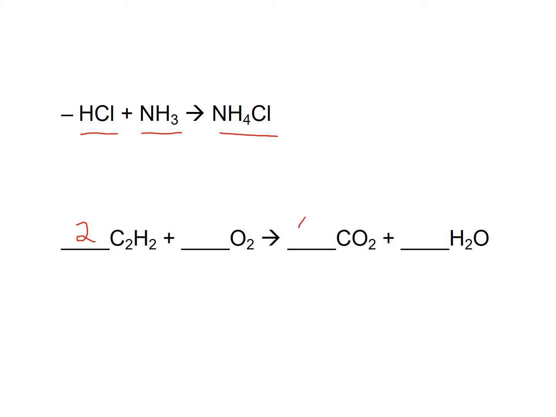Now I want 4 CO2, because now there are 4 carbons on this side. I see that there are 4 hydrogens, so I need 2 water molecules. And now on this side, this adds up to 2 oxygens from the water molecules and 8 from the CO2s. 8 plus 2 is 10 oxygen atoms, which I can make up with 5 oxygen molecules. And that equation is now balanced.